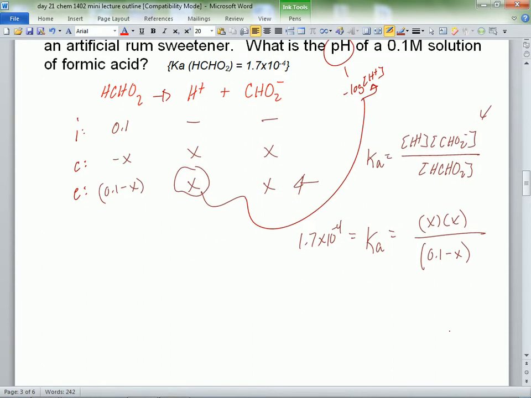For saying 1.7 times 10 to the negative 4 is approximately x squared over 0.1. How can you say that? We need an argument to do this. We want x to be really, really what?